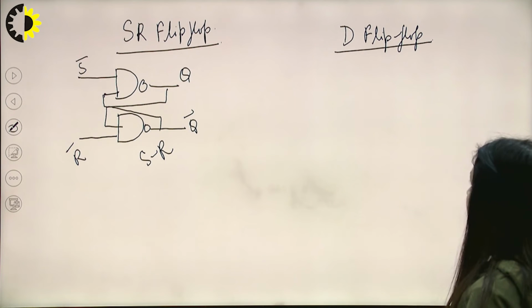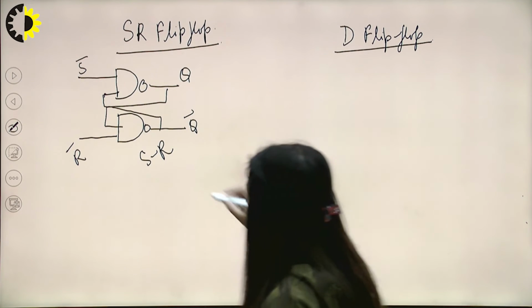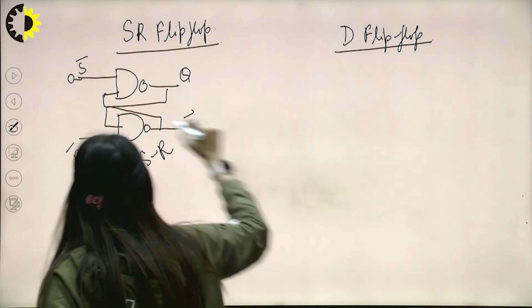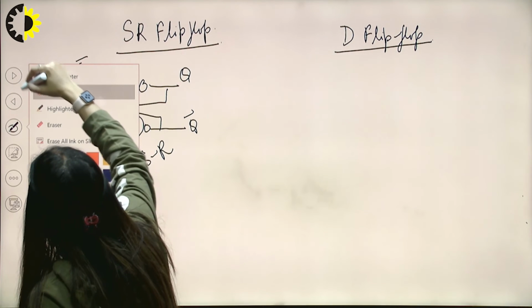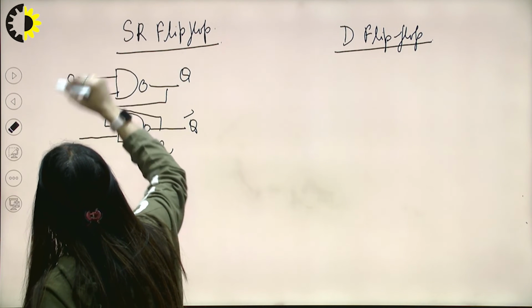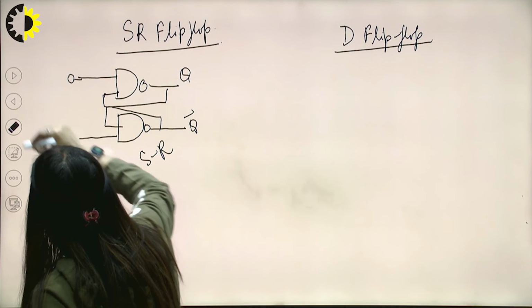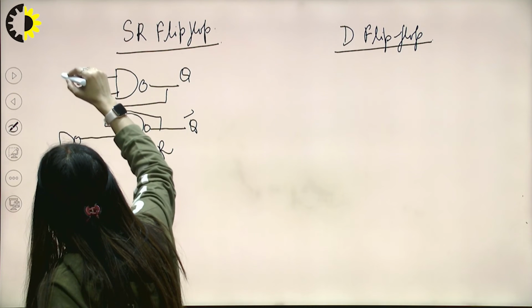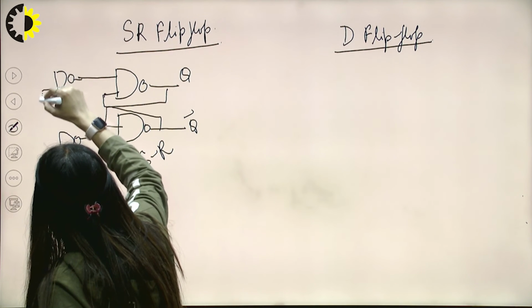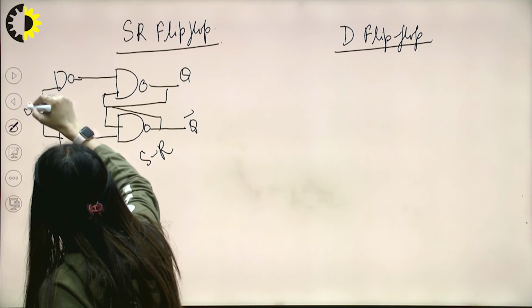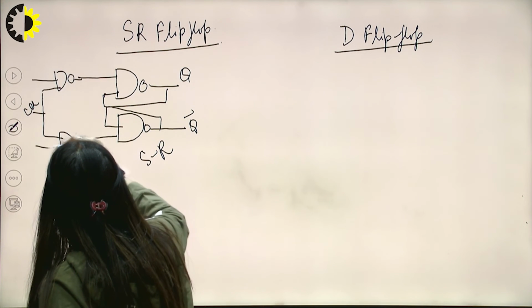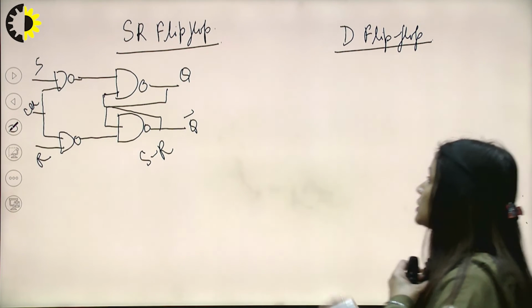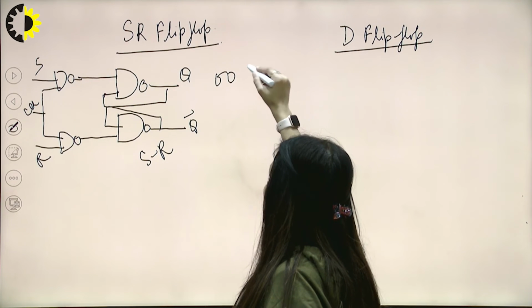So what we are doing is just adding one more circuit, and we get a clock, S and R. So the flip-flop functions: for 0 0, it is no change.